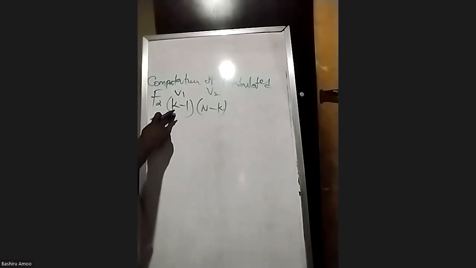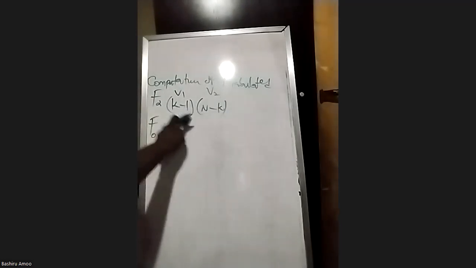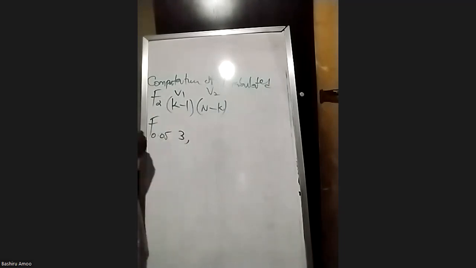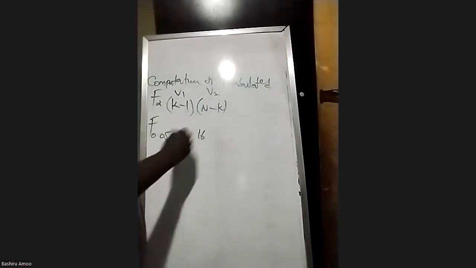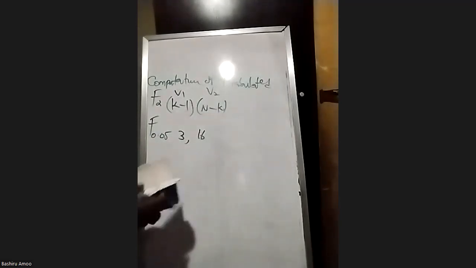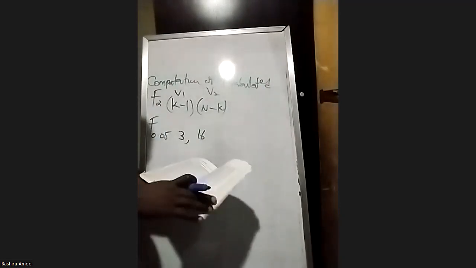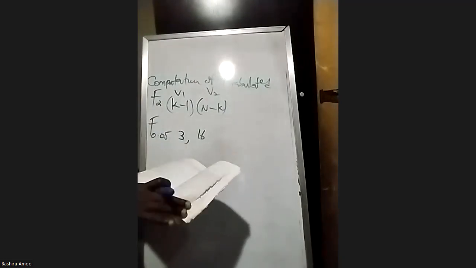K minus 1, which is the treatment, is 4 minus 1. We are taking 3 for P1. And for P2, remember that this is 20 minus 4, which is 16. So when you check your statistical table for 0.05, please take note that you are checking for the percentage given to you.